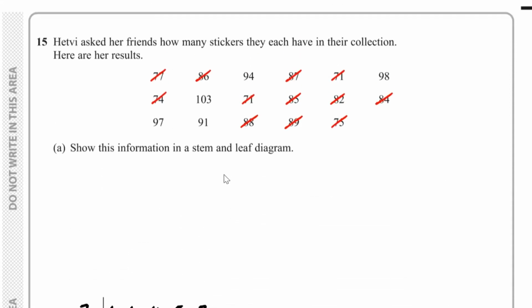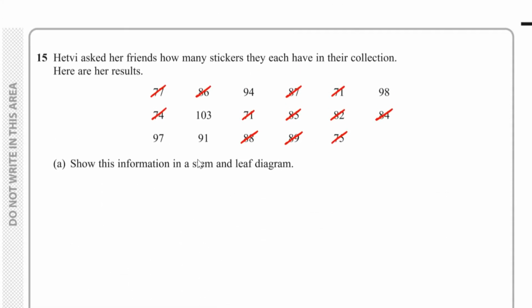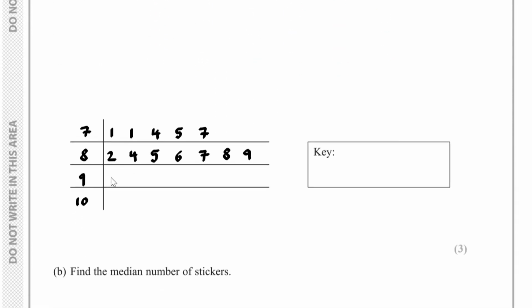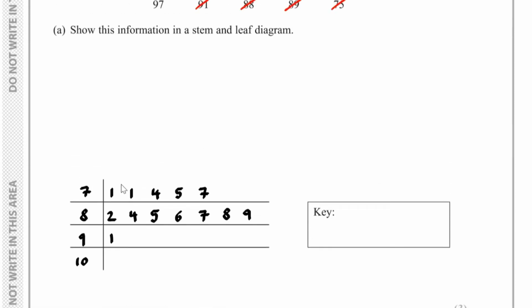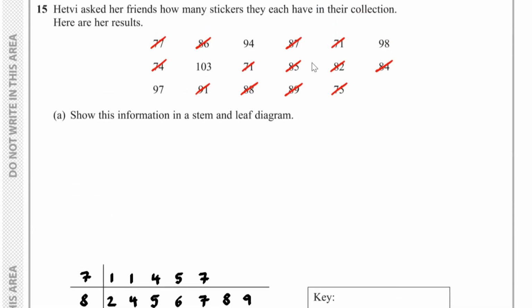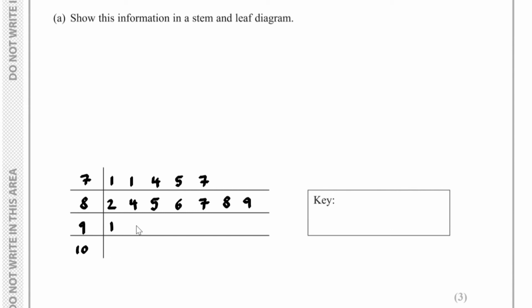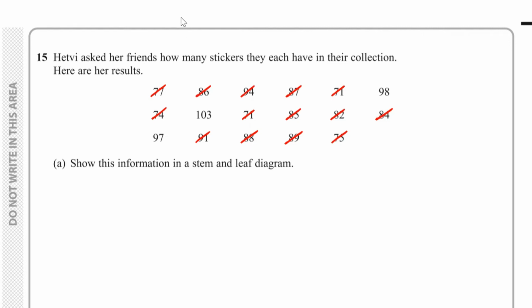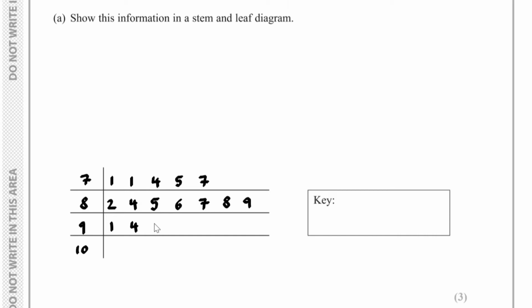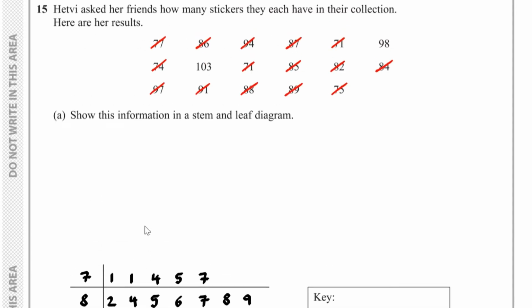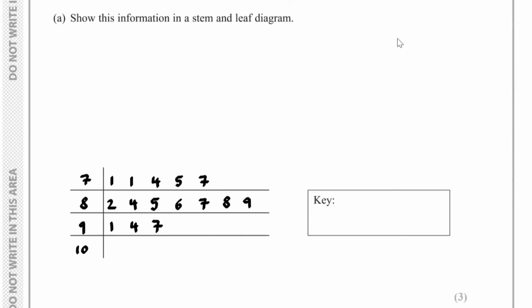And then if we take a look at the 90s, well, we've got 91, then we've got the 94, followed by the 97, followed by the 98.